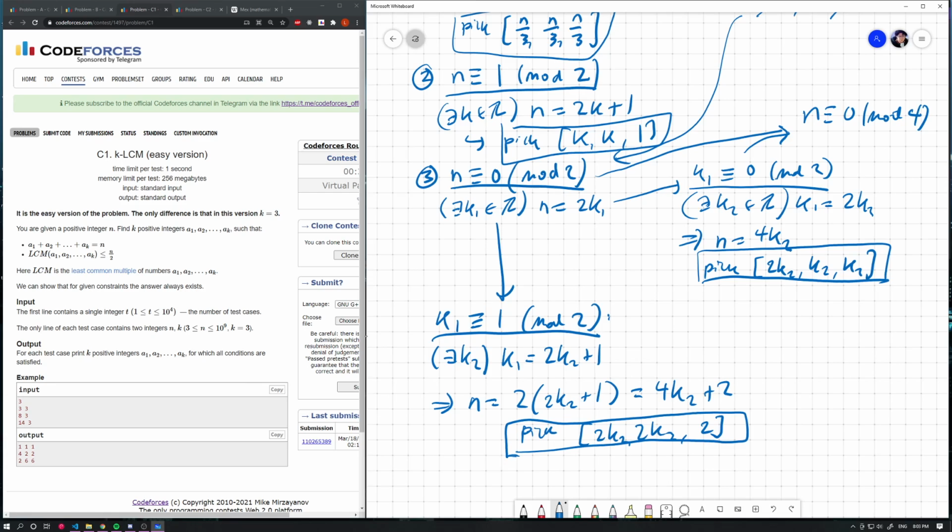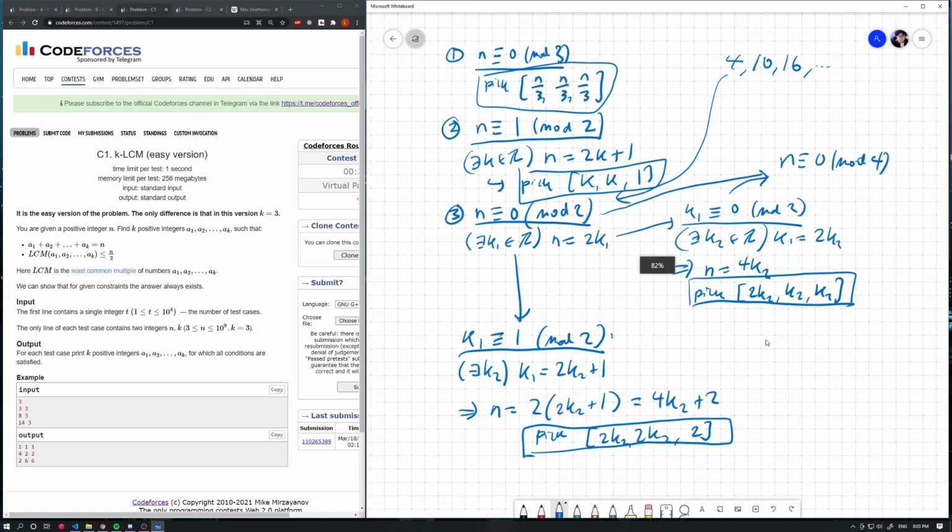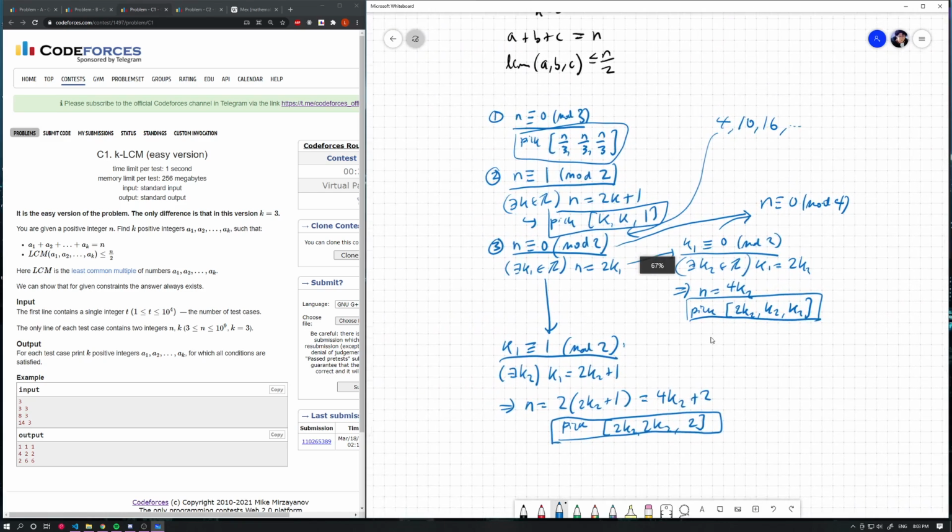We can write k2 in terms of n by just solving for k2 in this equation, and so everywhere where we're picking k's instead of n's, we can just write it in terms of n, and that's how you can implement this.